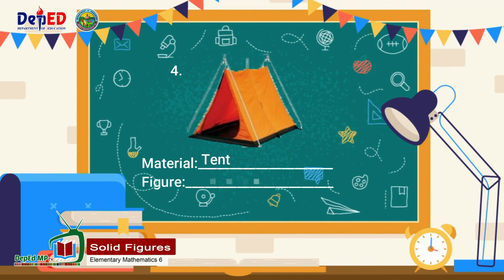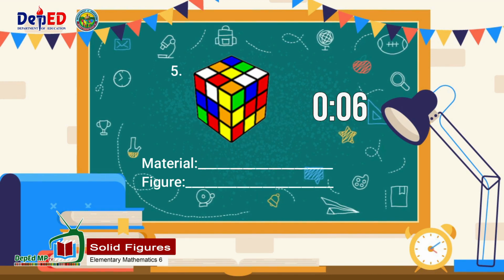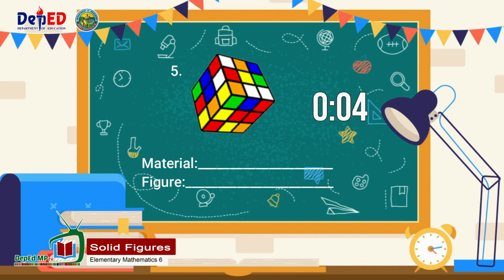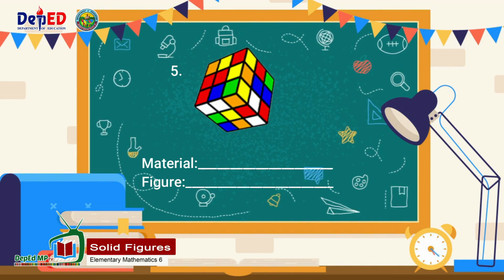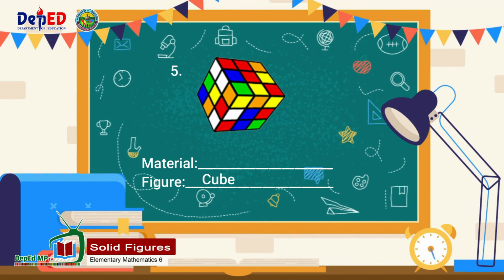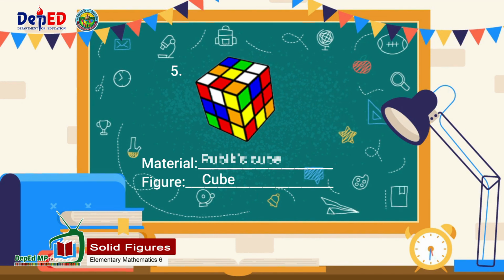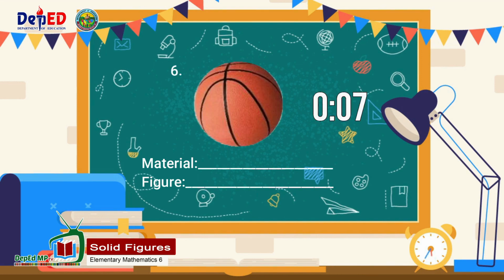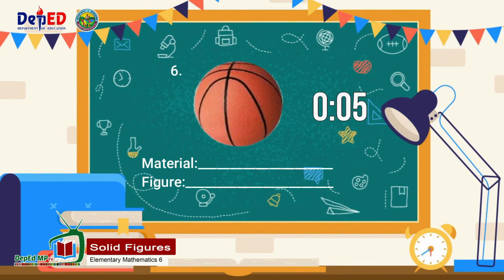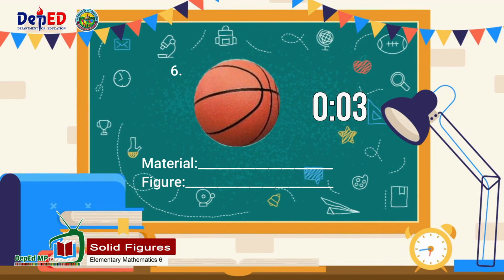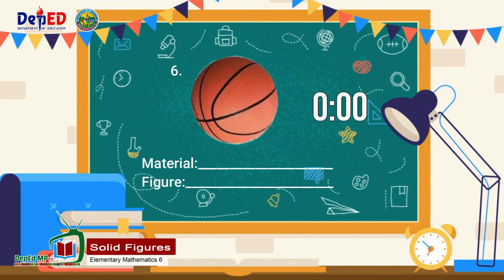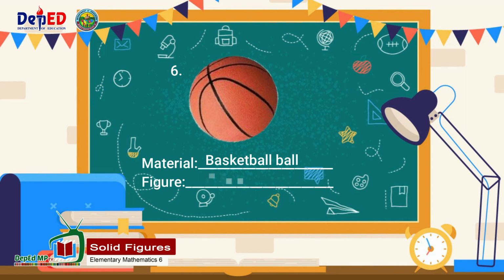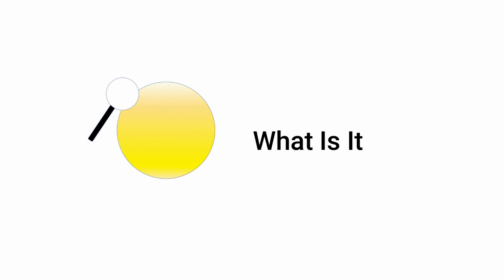It's a tent and it shows a triangular prism. Cube. Maybe you have played with a Rubik's Cube. It's a ball in the figure of a sphere.